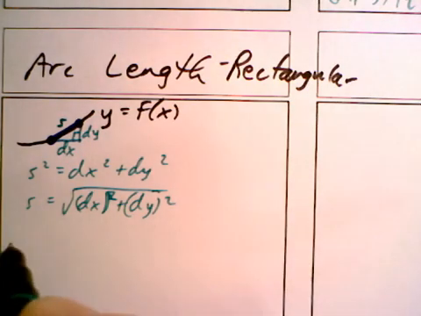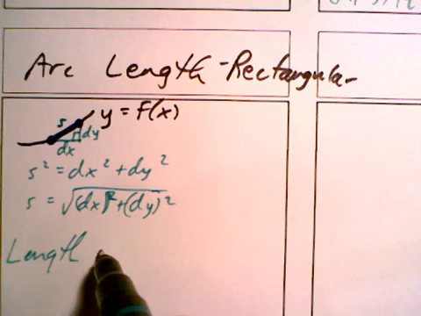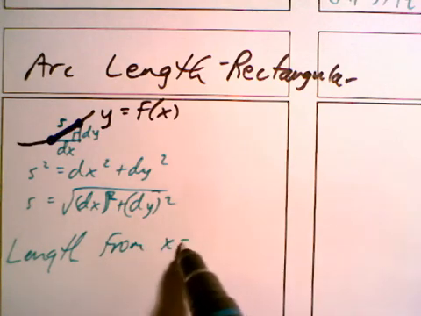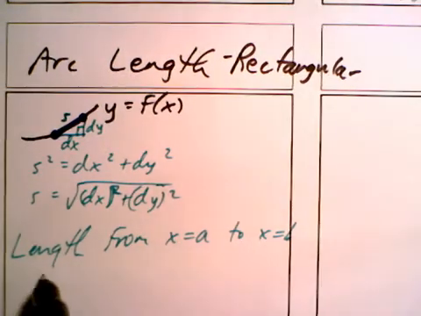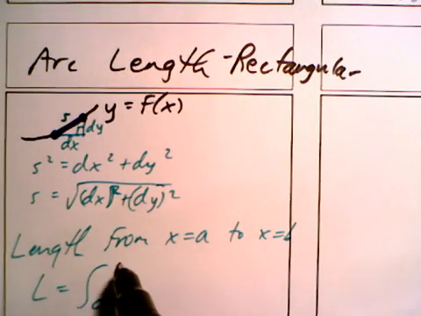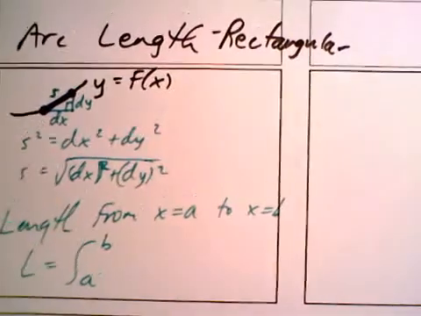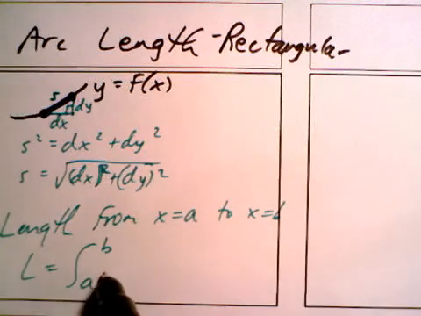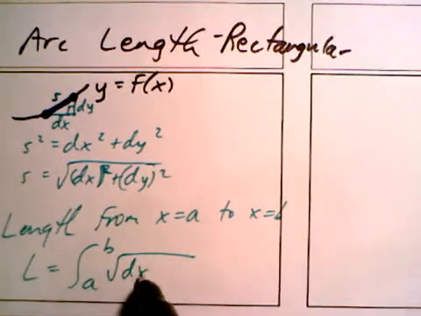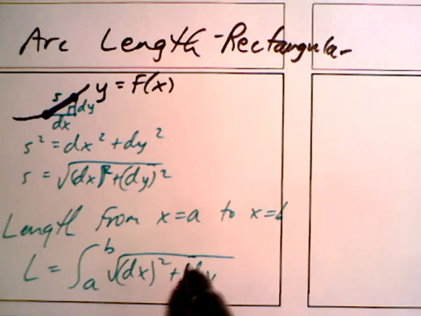Then if we wanted to find the total length from x equals a to x equals b, we would say L is equal to the integral from a to b, because when you integrate, you add up an infinite number of things. And those things that we added up were line segment lengths, and that's where we get that formula.